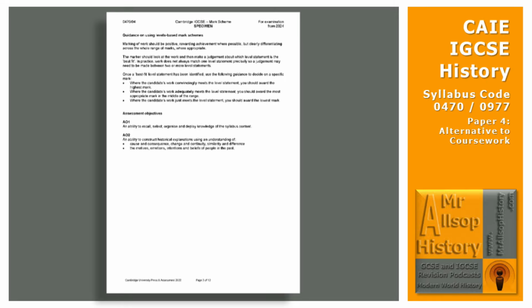Now, the purpose of Paper 4 overall is to test your ability to meet 2 assessment objectives. In the first question, the examiner wants to see how well you can recall, select, organise and deploy detailed and specific knowledge of your chosen depth study. Then in the second question, the Part B, they want you to construct an historical explanation using contextual knowledge of the topic.